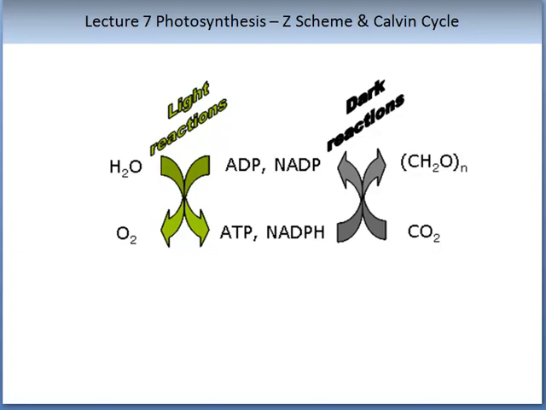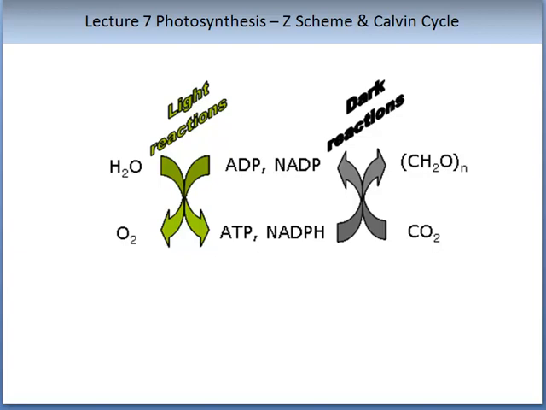This slide and the visual representation upon it shows how the Z scheme and the Calvin scheme interact. The Z scheme is that of the light reactions, while the Calvin scheme is that of the dark reactions, although technically the terminology dark is no longer used. We prefer to say it's non-light requiring.